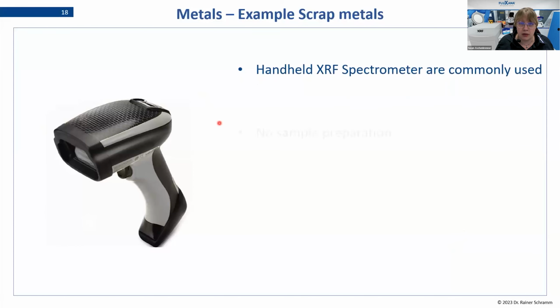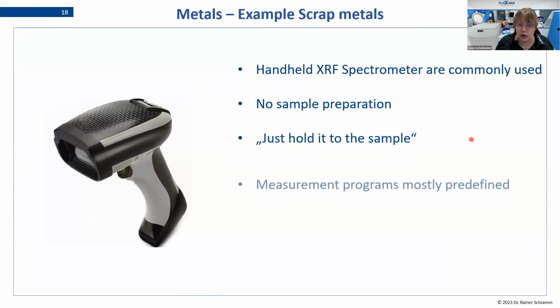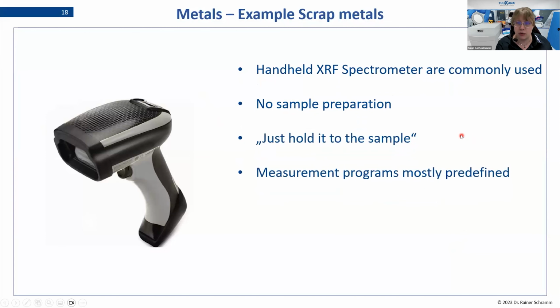They have the big advantage that you don't need any sample preparation to use it. You can just hold it to the sample, click a button, measure. Also, the measurement programs, the calibrations, they are mostly predefined by the manufacturer. So you also don't need to calibrate yourself.